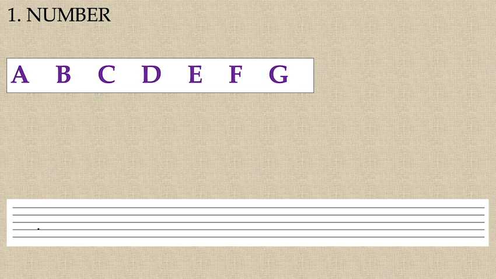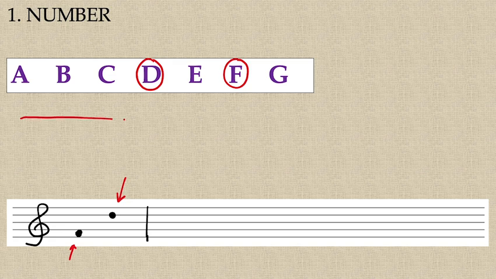For example, we're given an F and a D. I like to always count from the bottom note to the top note, F to D. With the musical alphabet, you want to count from left to right.